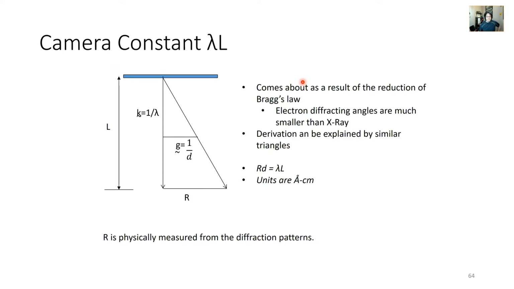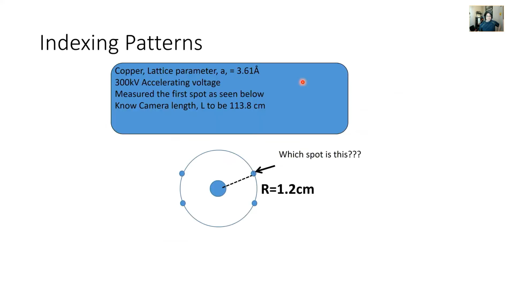So how do we use this in a practical sense? Indexing patterns is a very big use of the camera constant. So we have our copper with a lattice parameter of 3.61 angstroms, and we have our 300 kilovolt accelerating voltage, and we measure the first spot seen below, 1.2 centimeters, measured physically off of a diffraction pattern.